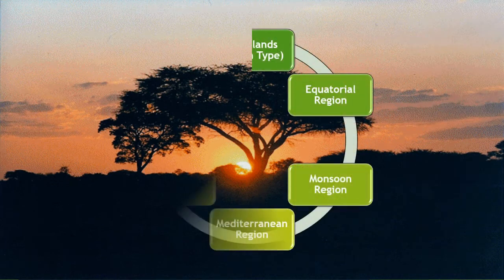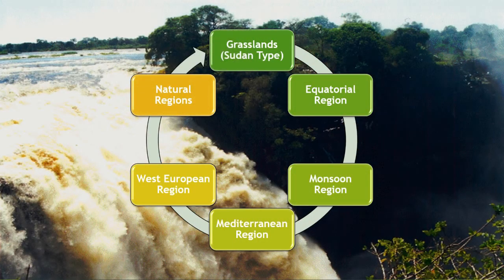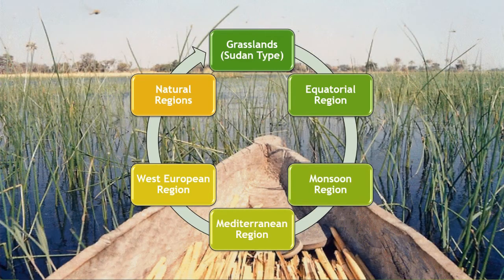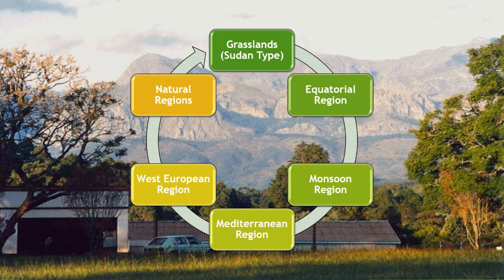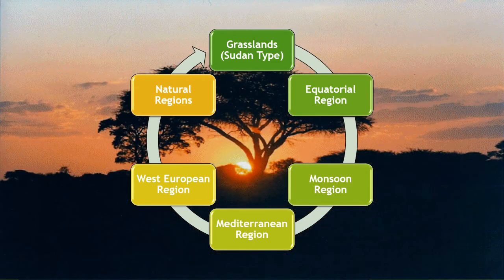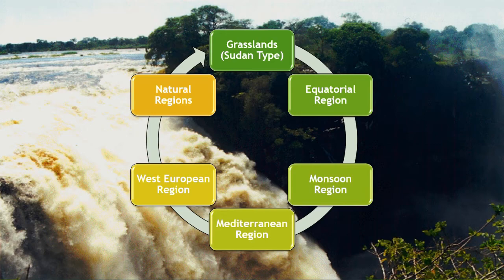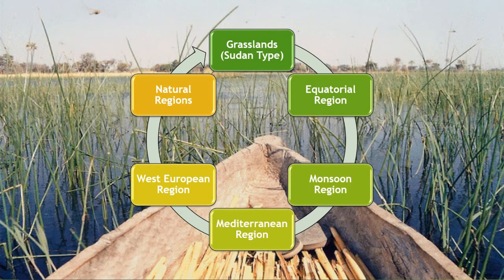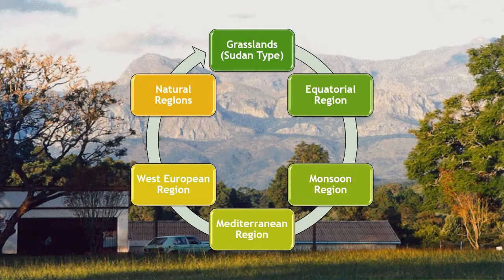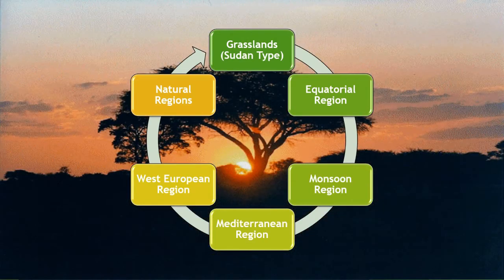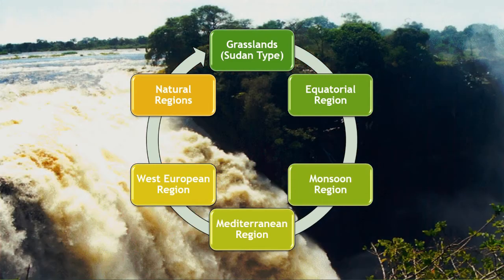Well, students, let's have a quick recap of what we learned in this video. We looked at grasslands, the Sudan type. We looked at where these grasslands are formed, the type of climate it has, and the different natural vegetation that is grown, the animal life and human life found in grasslands, that is the Sudan type.